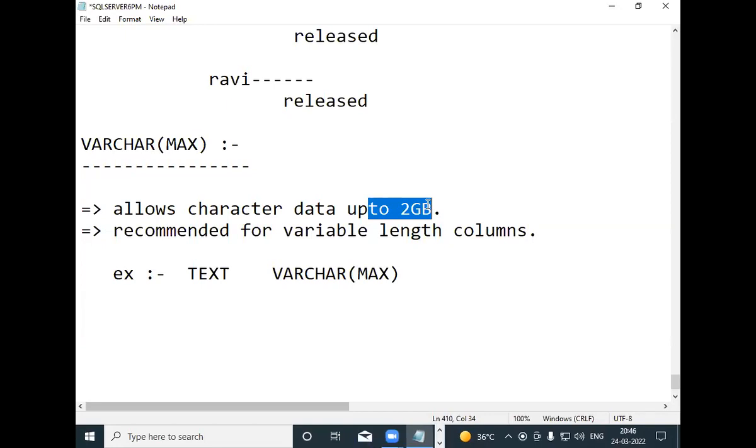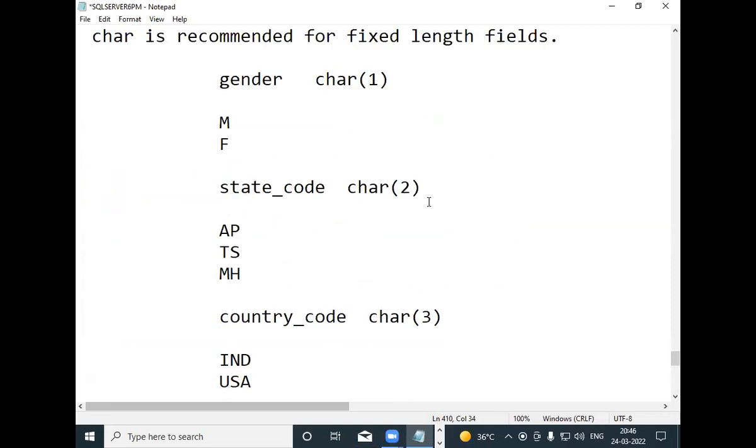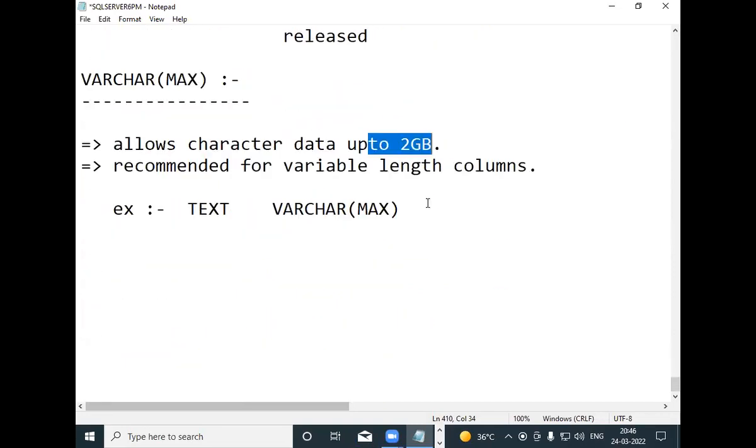That much text can be stored in the database. So these are the three character types: char, varchar, and varchar max.